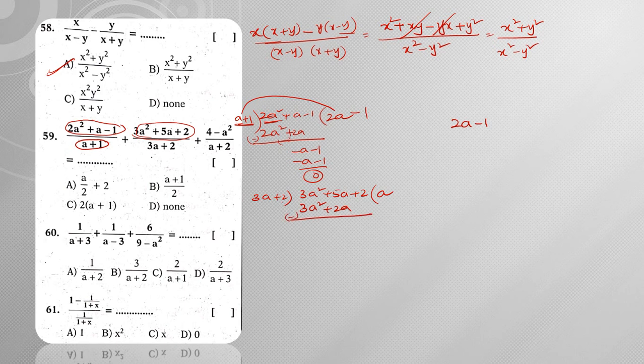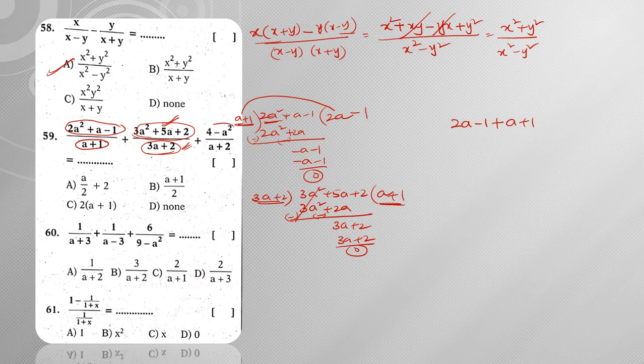Next, when I do subtraction, the signs will change, these two will get cancelled. 5a minus 2a is 3a plus 2, so that means it goes one time, so directly I am going to get 3a plus 2, the remainder will be 0. Now this numerator term I can write as 3a plus 2 into a plus 1. Already in the denominator we are having 3a plus 2, that 3a plus 2 gets cancelled, and finally I will be left with a plus 1. That means on simplifying this whole thing I am going to get a plus 1.